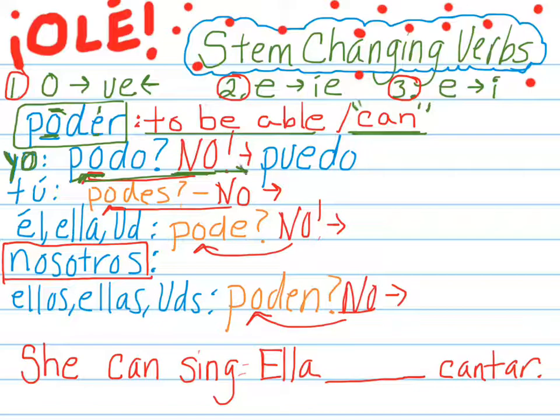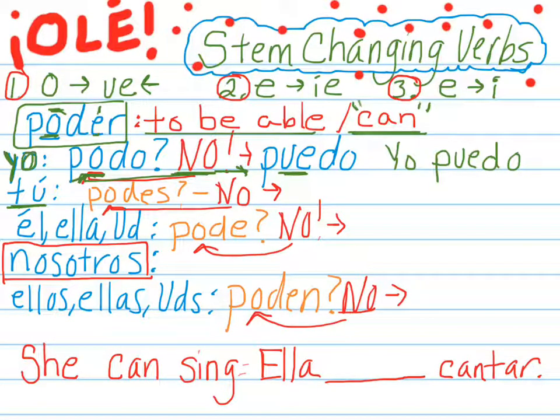What it's supposed to be is yo puedo. So that O magically changes into a UE when we're conjugating. So you get yo puedo, and that means I can, or I am able to. Okay, so that's good. Podo, bad. Puedo, good.